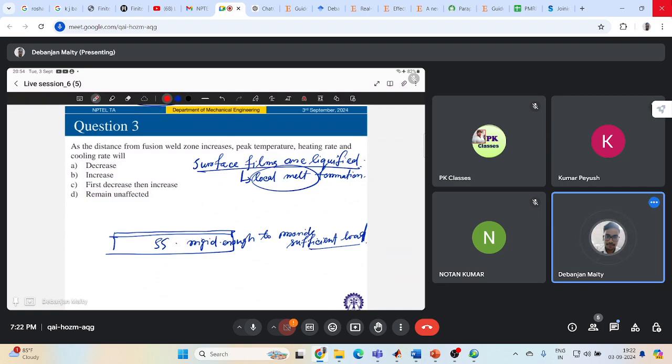Which one is the correct one? It says as distance from fusion weld zone increases, what will happen to peak temperature, heating rate, and cooling rate: increase or decrease? What will be the effect on your cooling rate? Sorry, the heating rate, cooling rate, and the peak temperature.